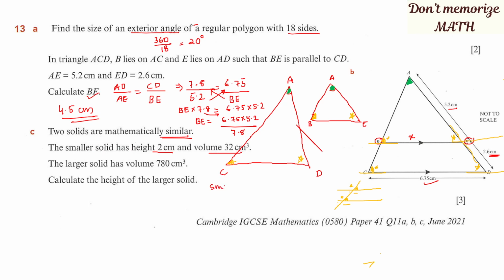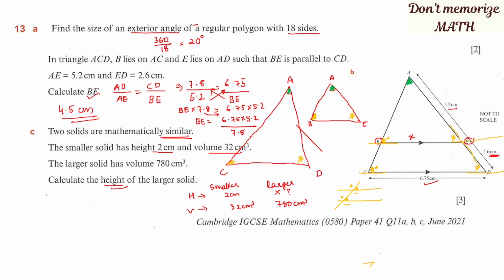So we have smaller and larger shapes. In the smaller one the height is given as 2 centimeters and the volume is 32 cubic centimeters. For the larger one the height is not given and the volume is 780 cubic centimeters. Calculate the height of the larger solid. We need to find the height.